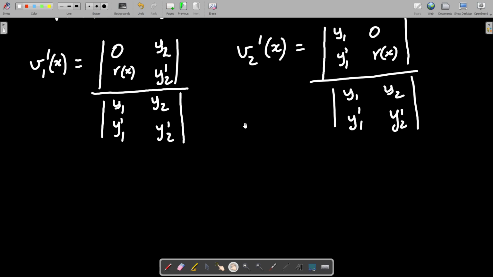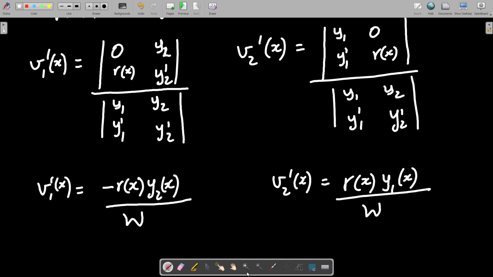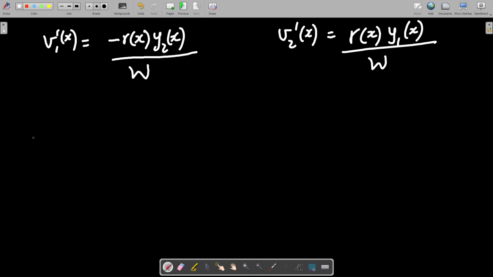The numerator expression we can easily simplify as minus r of x y2 of x, and the denominator we'll call W, and v2 prime of x becomes, we'll write the rx term first now, rx into y1 of x upon W, where W is equal to the determinant of y1, y2, y1 prime, y2 prime.